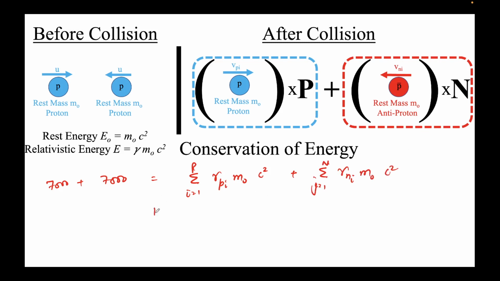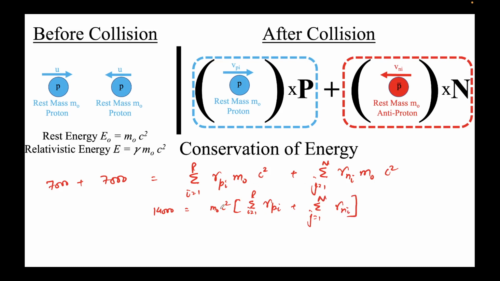So what this will give us is 14,000 equal to the sum. By the way, the unit is GeV, and the m naught unit is also GeV. We take m naught c squared common, so this comes out to be sum over i equal to 1 to p of gamma pi, plus sum over j equal to 1 to n of gamma nj.